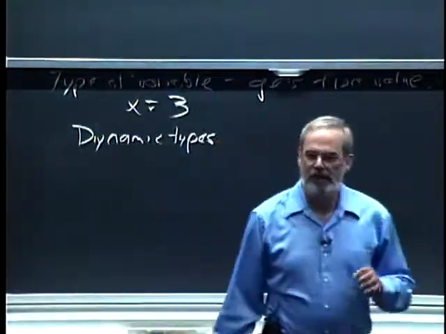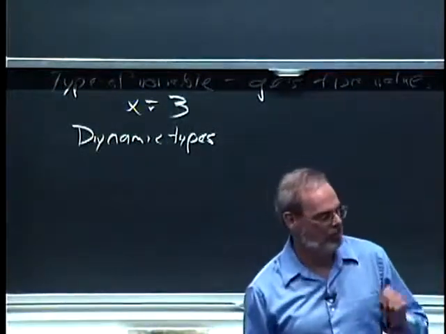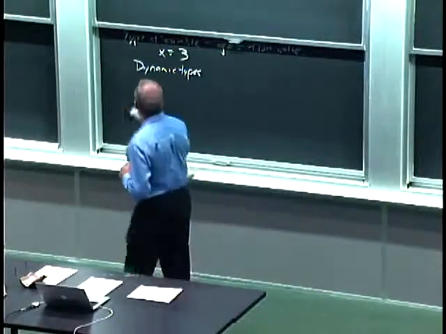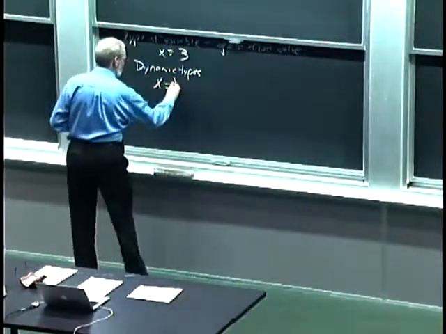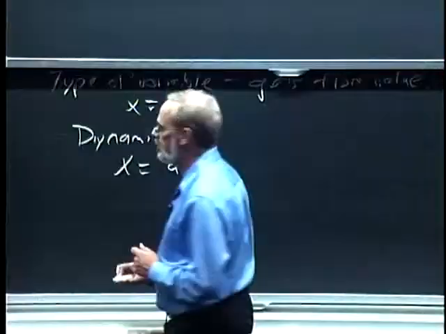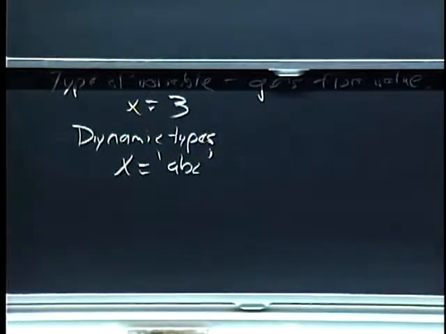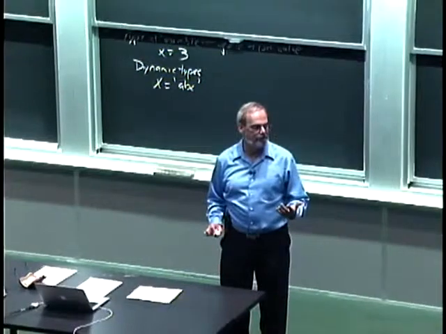Meaning, it changes depending on what the current value is. Or said a different way, if somewhere later on in the program I do this, x now has changed its type from int to string.